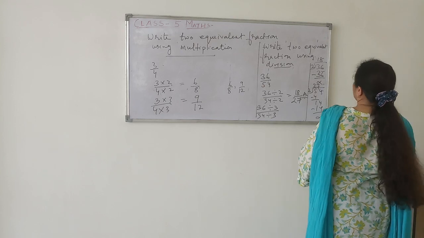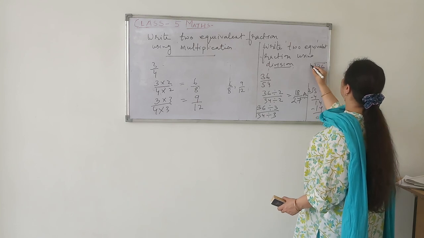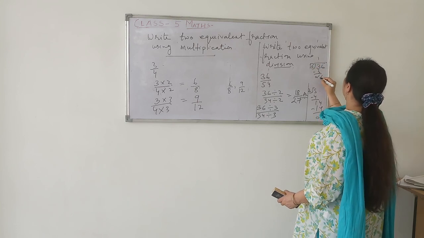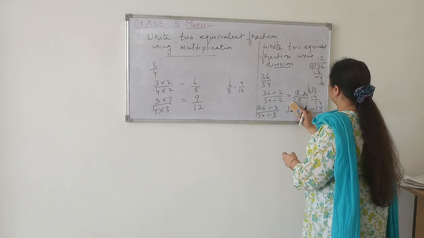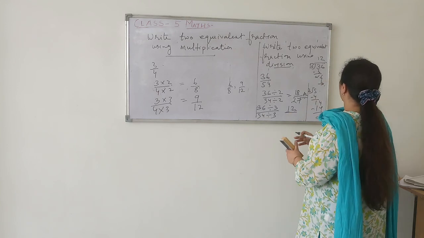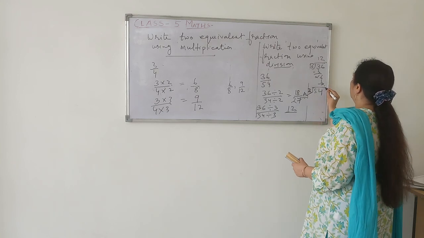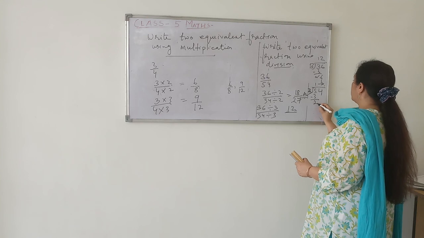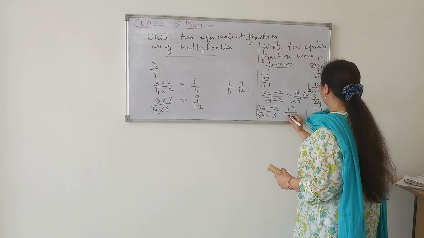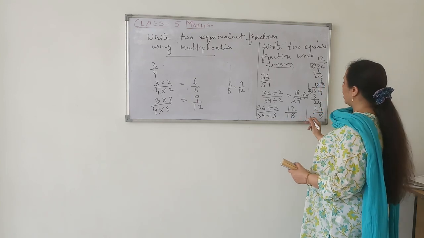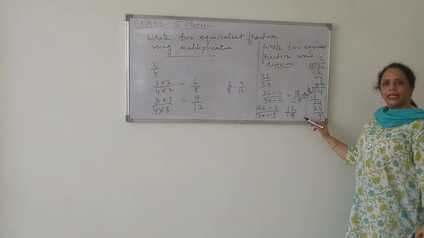And when we divide 36 by 3, 3 ones are 3, then 2, that is 12 upon, when we divide 54 by 3, you will get 3 ones 3 minus 2, 4, 3 is 24, and this is 18. So the two fractions are 18 upon 27 and 12 upon 18.